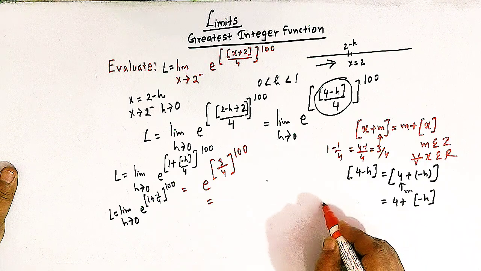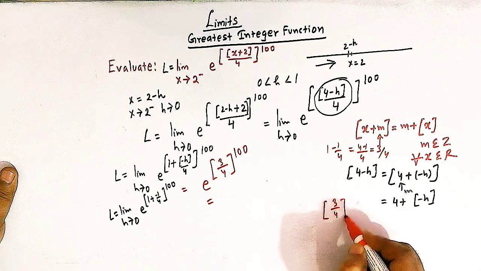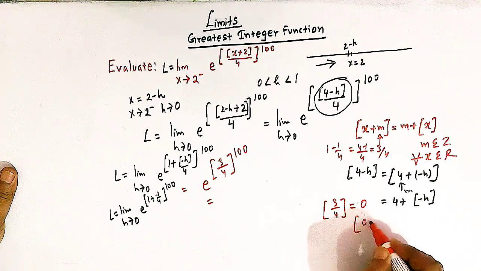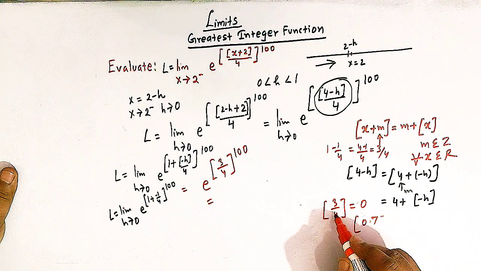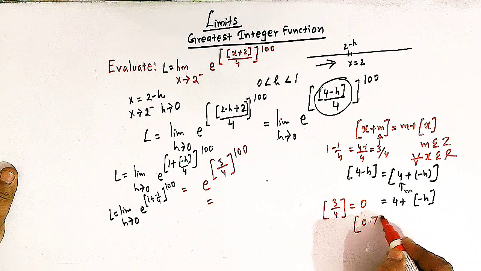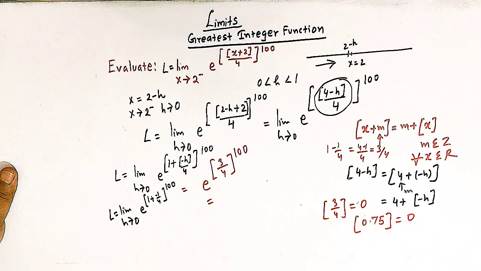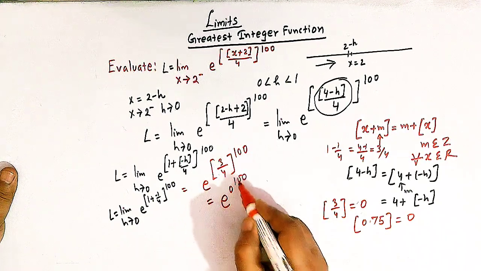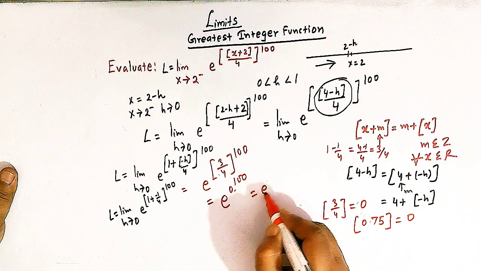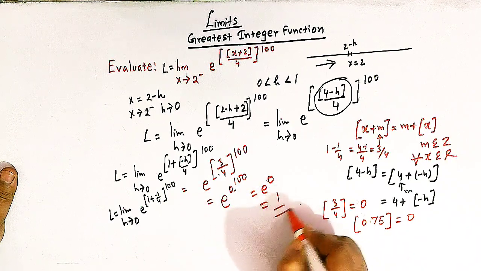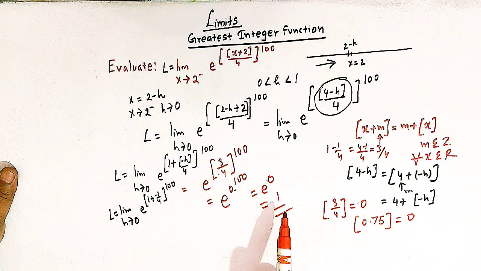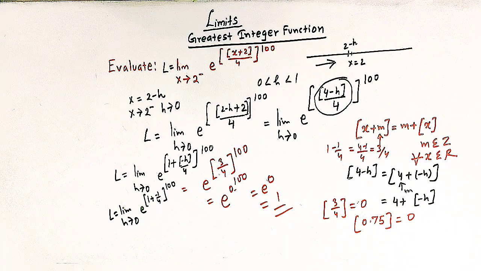We know that the greatest integer of 3 over 4 is 0, because 3 over 4 is 0.75. So we have e raised to 0 raised to 100, and this term is 0, so we have e raised to 0, which is equal to 1. So the limit of this function is equal to 1 when x approaches 2 from the left of x equal to 2.